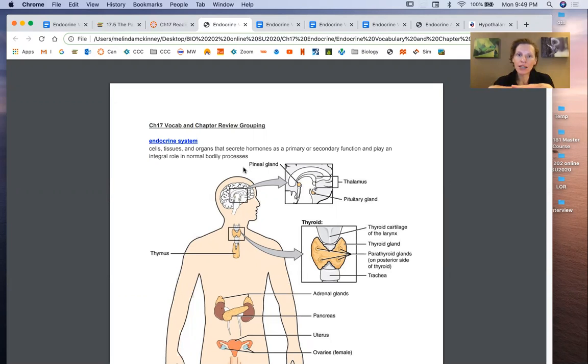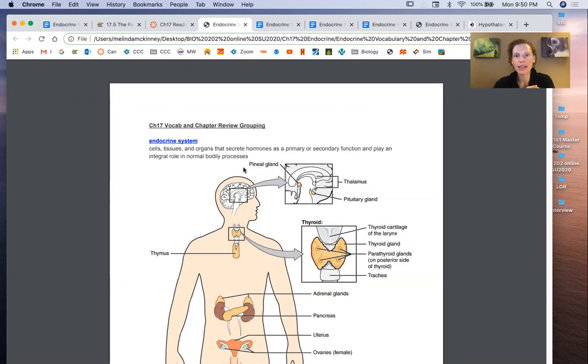So the endocrine system is a system of chemical signaling, and it's a relatively slower system compared to the nervous system, which you learned about in the first semester of anatomy and physiology. So that's really quick. That goes through neurons, and it has a quick initiation and it's quickly ended.